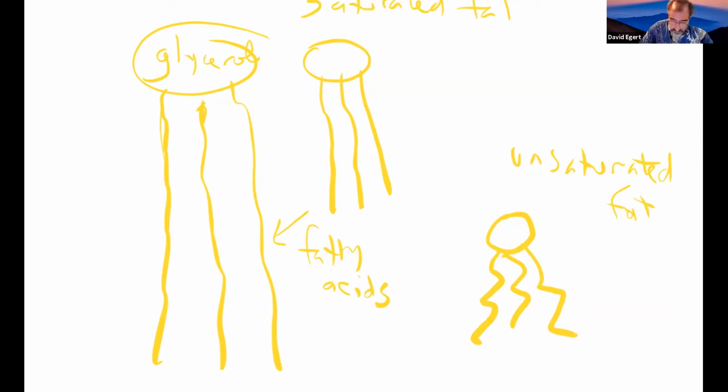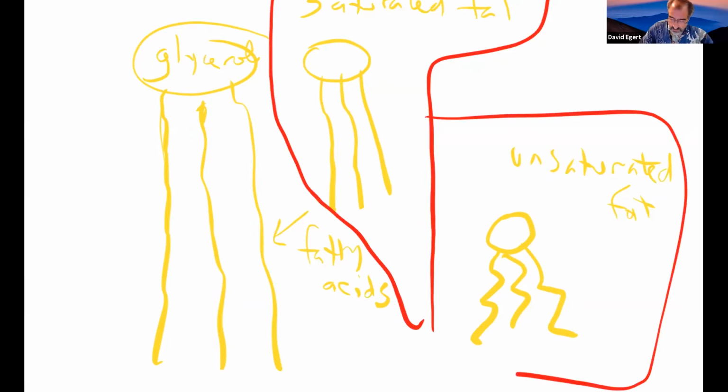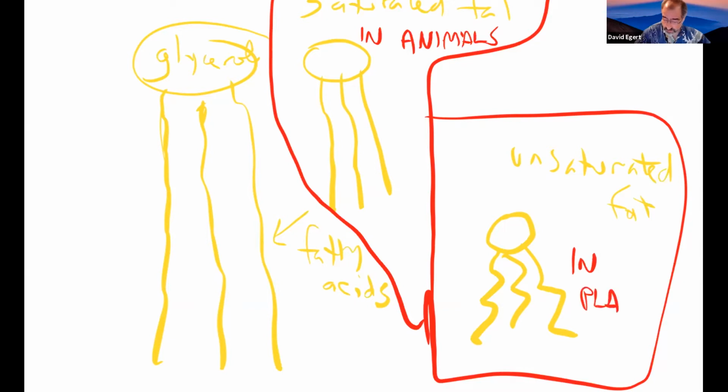And saturated fats, these tend to be the ones we find in animals. These tend to be in plants, the unsaturated fats.